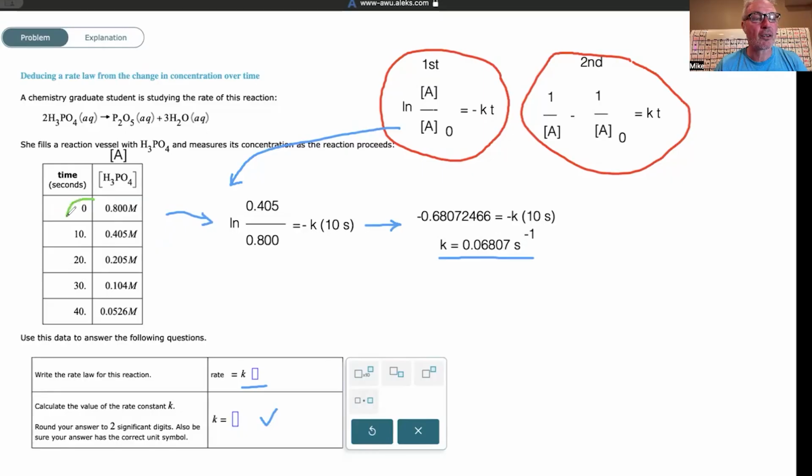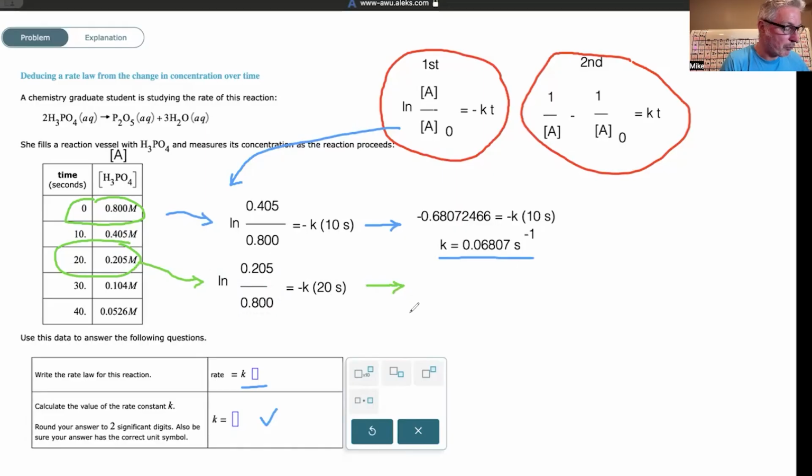So let's take 0 and 20 seconds, do the same exact process. All right. So natural log of 0.205, and the initial concentration doesn't change, 0.800, equals minus K times T of 20 seconds. I'm just saving time by not putting in moles per liter. Let's take that another step out.